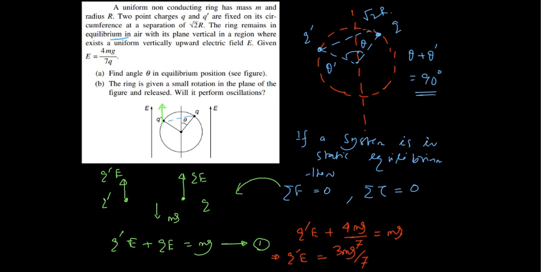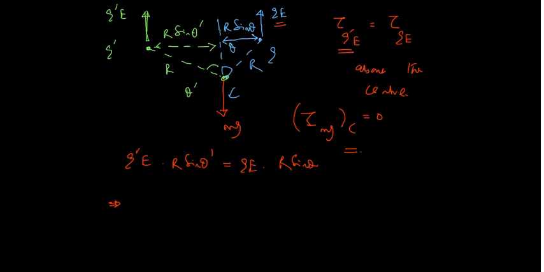Now you come to the next page. So q prime into E, meaning 3mg by 7, into sine theta prime is equal to qE, meaning 4mg by 7, into sine theta. All right, I hope this is clear.